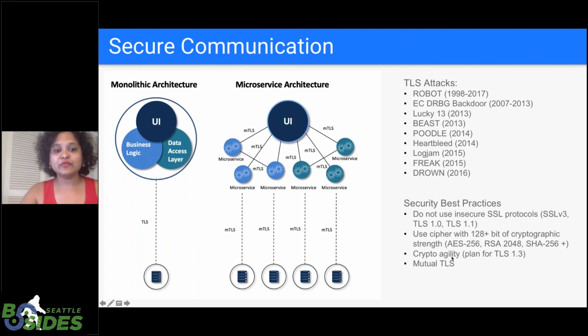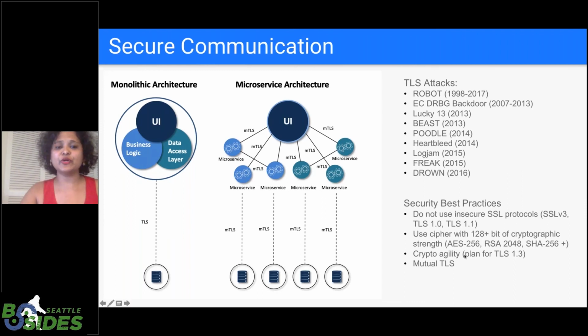In fact, I would say write your code in such a way that you introduce crypto agility. We are on the verge of quantum cryptography, post-quantum cryptography attacks. So the cryptography that you use in your application has to be post-quantum cryptography grade.